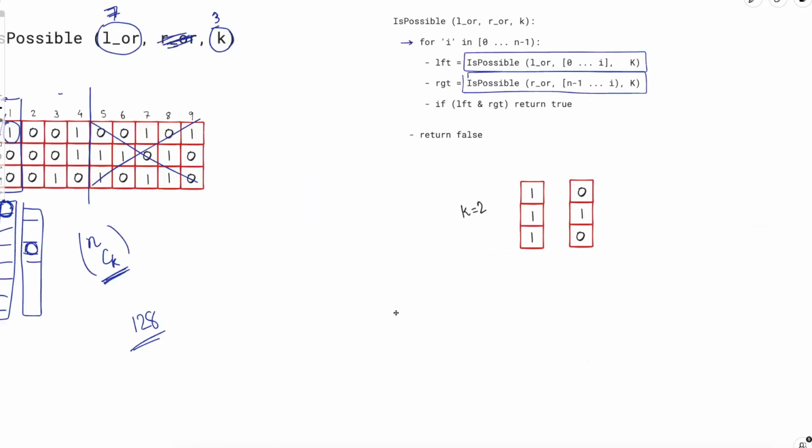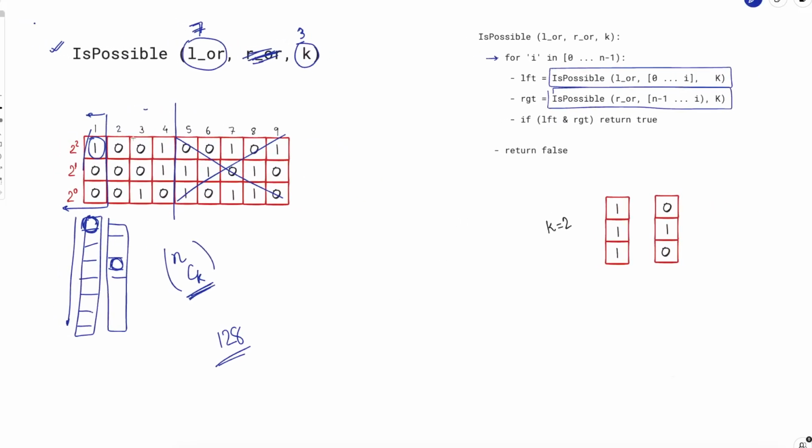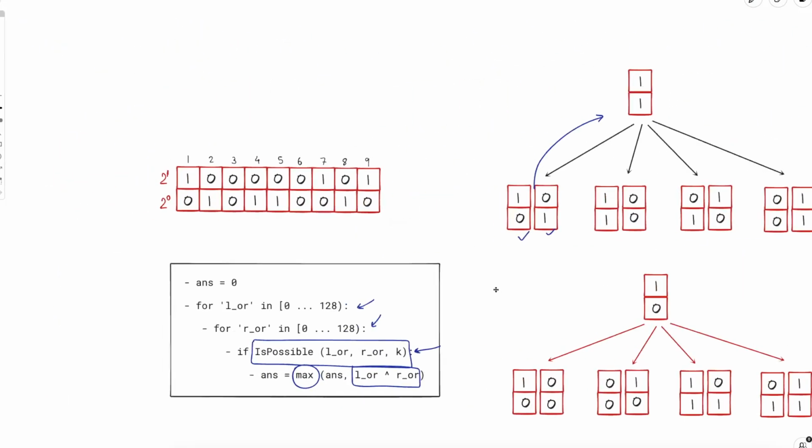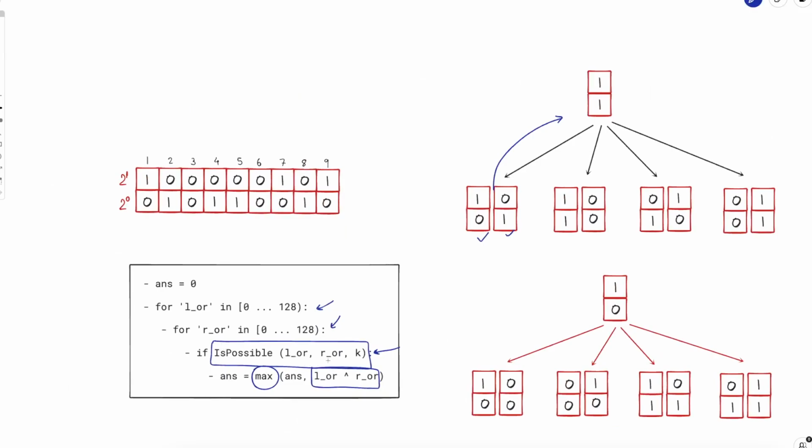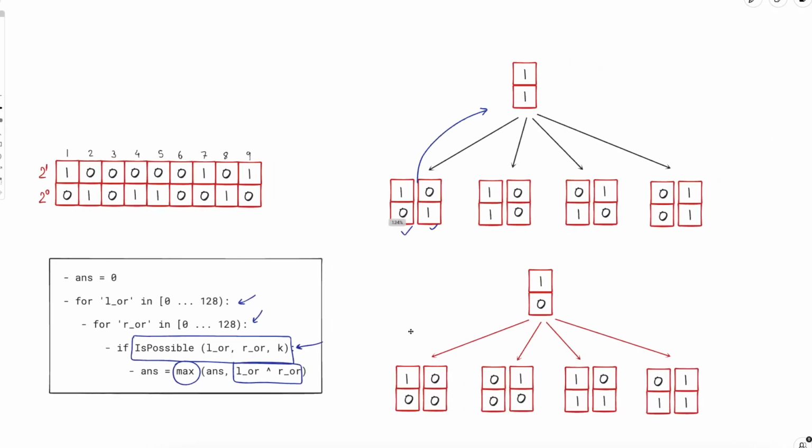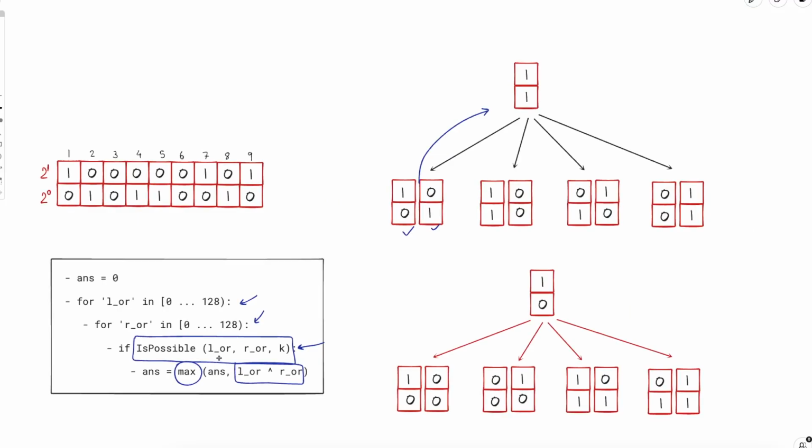So just to quickly recap, we started with answering IsPossible of LOR, ROR, K. That is, is it possible to select k elements from the start such that their OR value is LOR, and after that select k more elements such that their OR value is ROR.